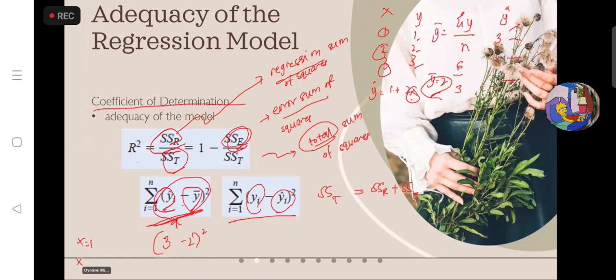And then if x equals 2, atong y hat is 5. Kaya ito i-substitute ang 2 dire. So 2 times 2 plus 1, 5. And then our y bar is still 2. Ato na siyang square. And then ang total ana will be the value for the regression sum of squares.